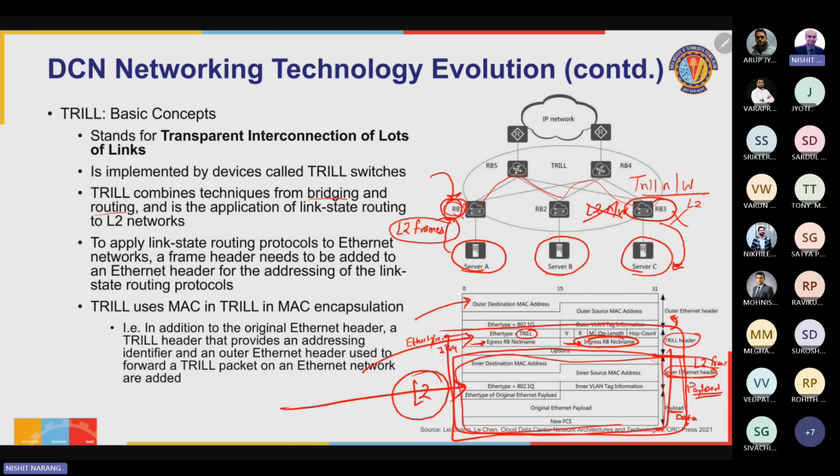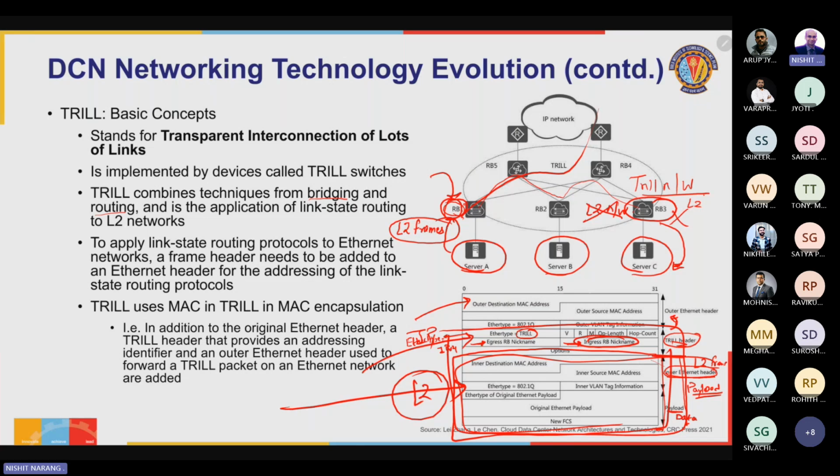So it's like a virtual private network. This is what we do over the internet when we create a VPN. Aren't we doing the same thing? Except that instead of the Trill header, we have an outer IP header. So it's like creating a tunnel through the Trill network between two servers.